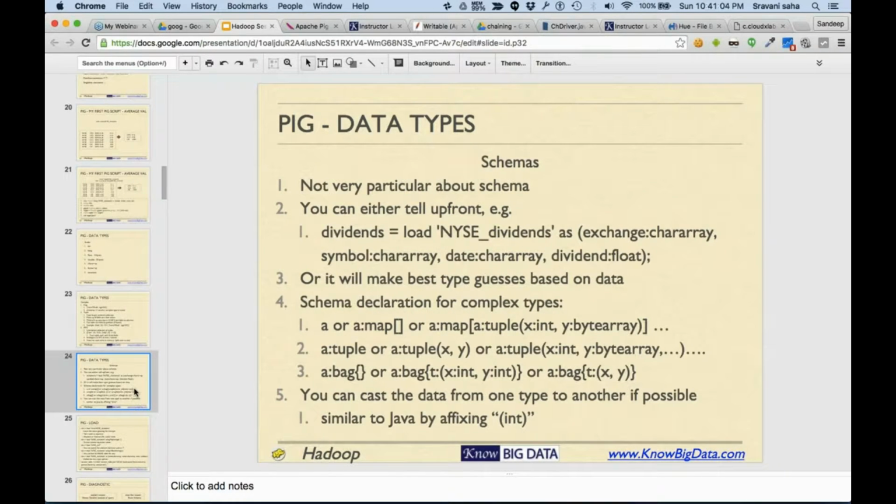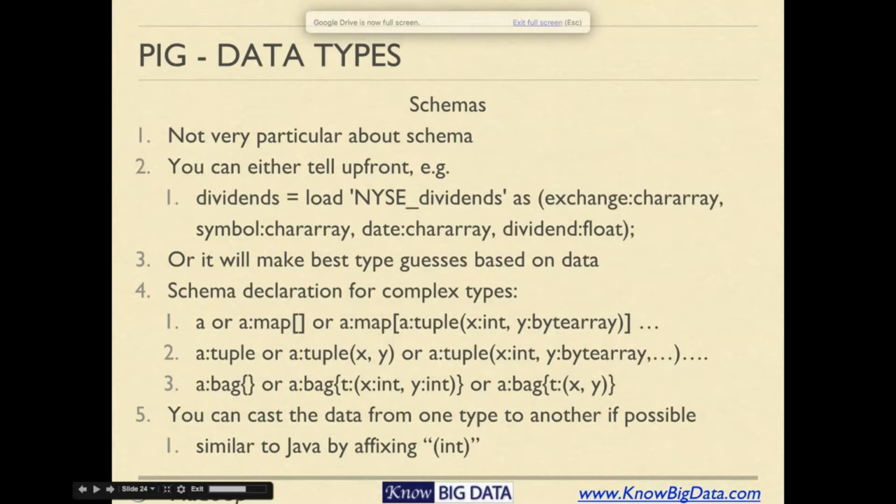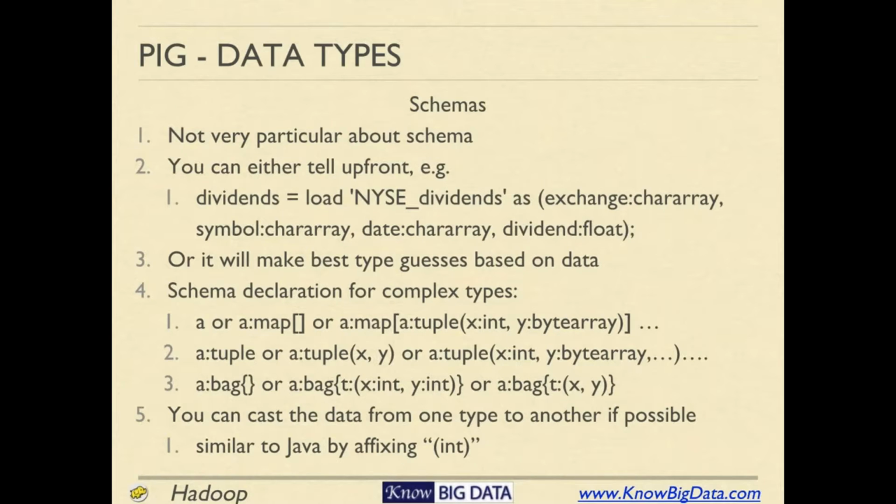A little bit more detail about data types. Pig is not too particular about schemas. You can either tell the schema upfront. For example, dividends equals load NYSE, and we are telling it that there are four columns: exchange, symbol, date, and dividend.